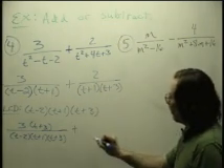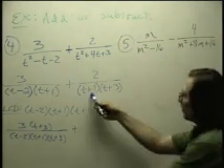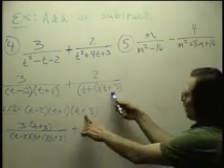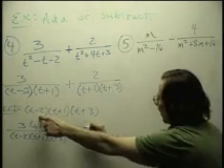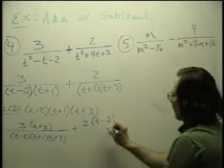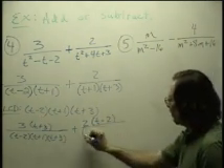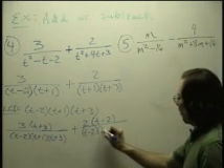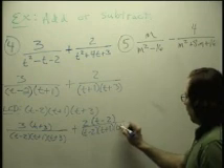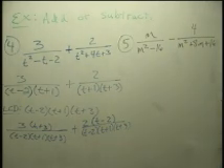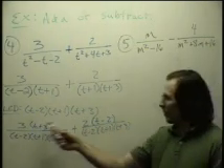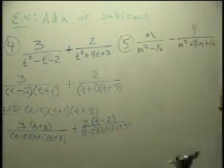Here, similar story. I have the t plus 1. I have the t plus 3. What I need is the t minus 2. So I multiply top and bottom by t minus 2. Okay? Now the denominators are the same. From there, it's a matter of just expanding these numerators and adding them together.